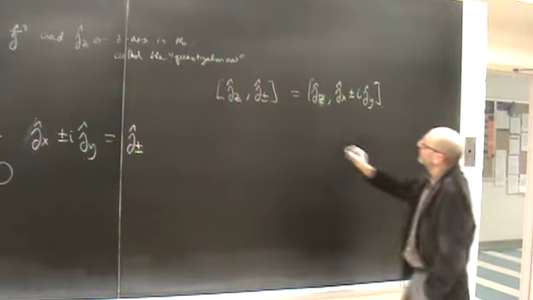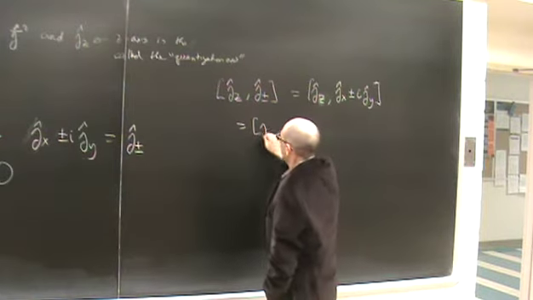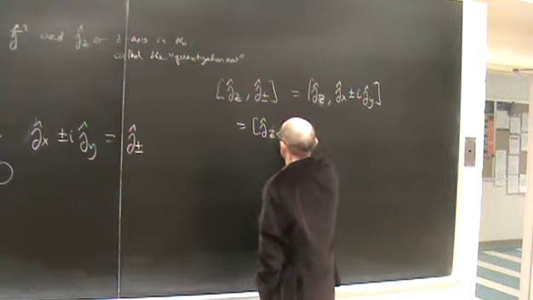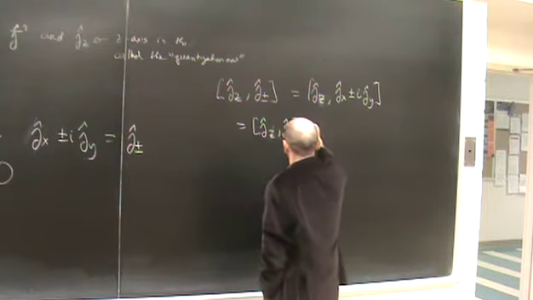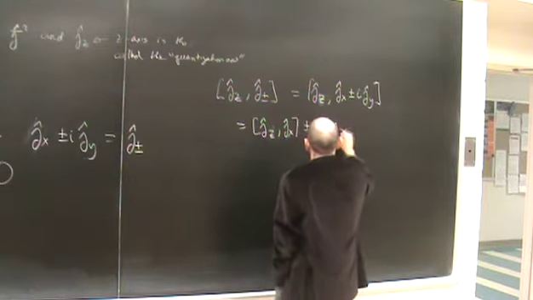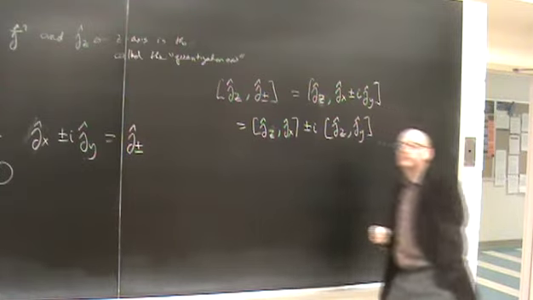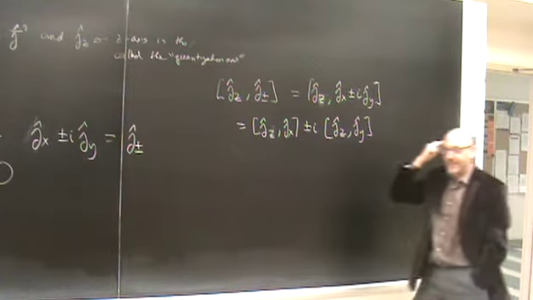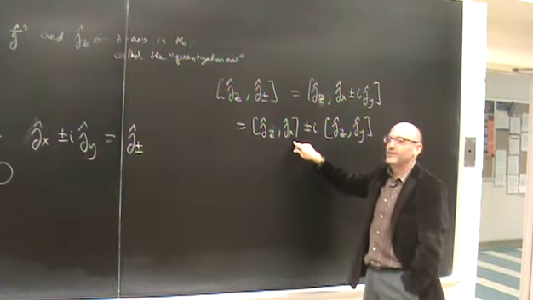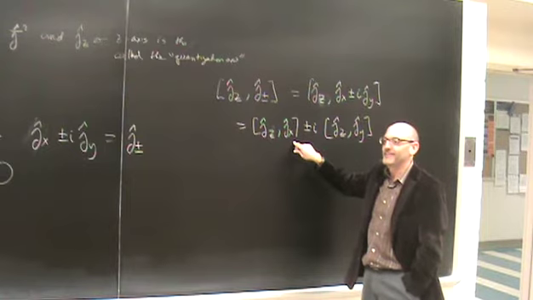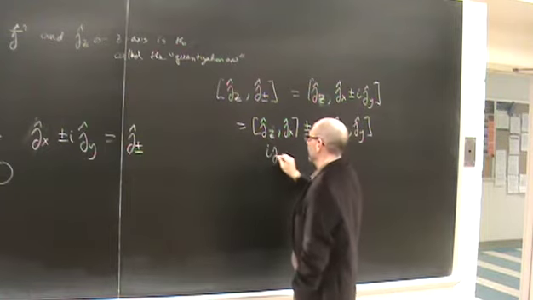And that's equal to jz commuting with jx plus or minus i jz commuting with jy. Okay? What is jz commuted with jx? You get to practice. i jy, most excellent.